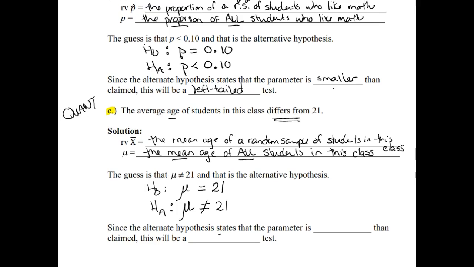In this case, since the alternative hypothesis states that the parameter is different from claimed, this would be what we call a two-tailed test. Because in here the p-value would actually be a shaded region a little bit in the left and a little bit in the right together, so two tails.